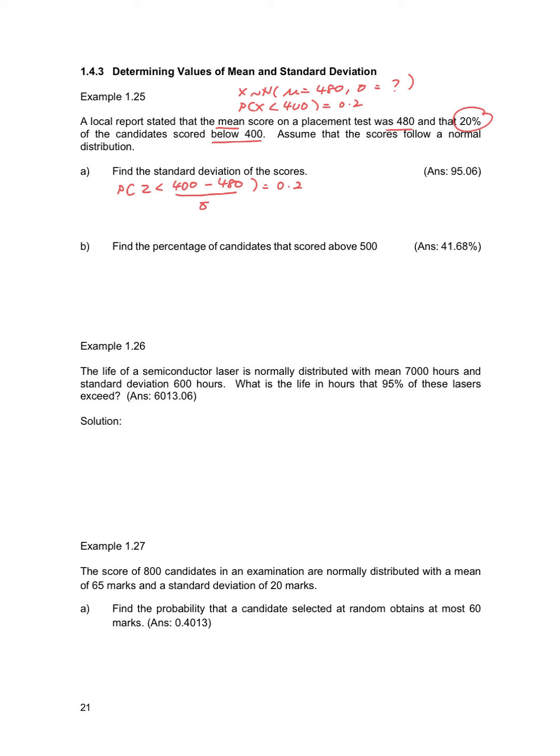Okay, so we will find 0.2, apa value Z dia. Okay, so tengok sign kita adalah less than. Okay, and then the probability value is 0.2. Tak sampai pun 0.5, meaning that it will be located at the left side. So meaning that our Z will be negative value.